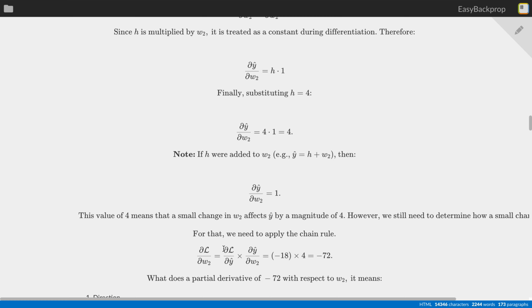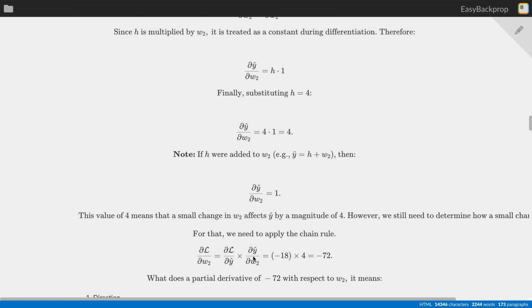Okay, so dl_dy_hat is this first term times this gradient, but this gradient we calculated over here is simply h. Okay, so remember, with the chain rule, we have to chain these partial derivatives together. The first one tells us how a small change in y hat affects the final loss.